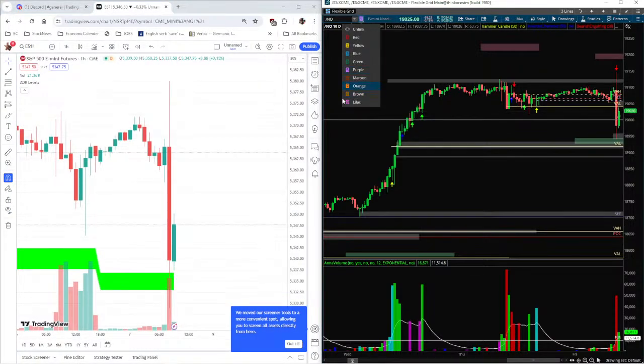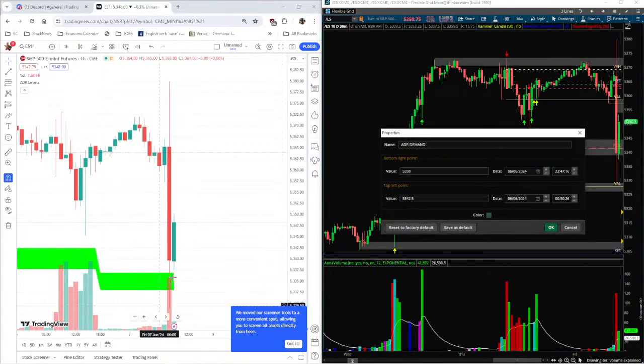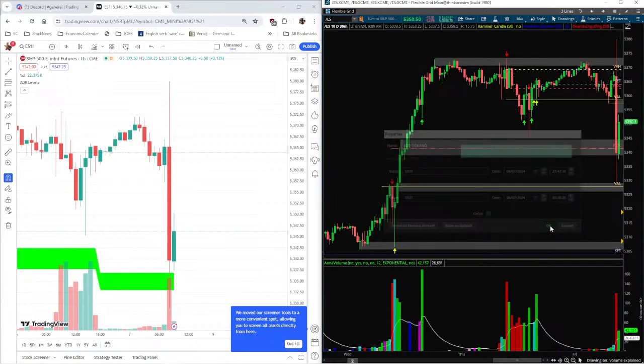Then we have to do VIX. Can't forget about VIX. All right, so that one is done. This is gonna be 5. Oh, nice numbers. Cool. All right. So 5333 and 5337.